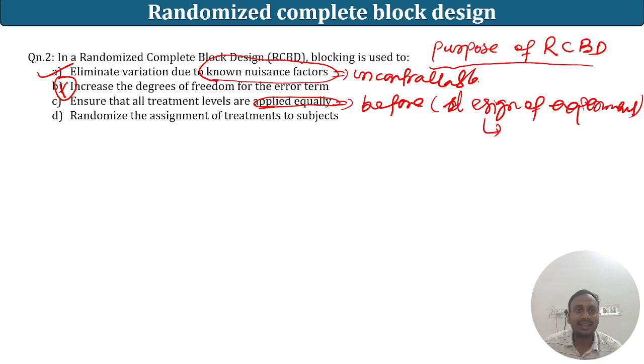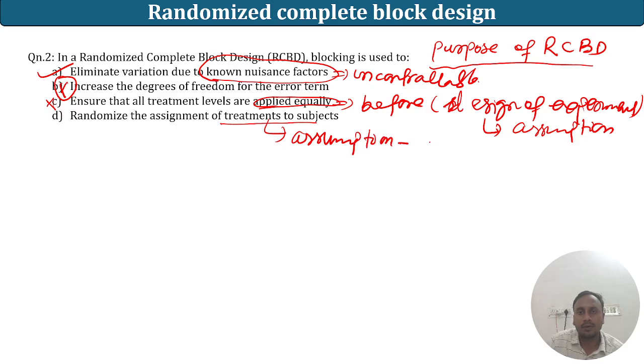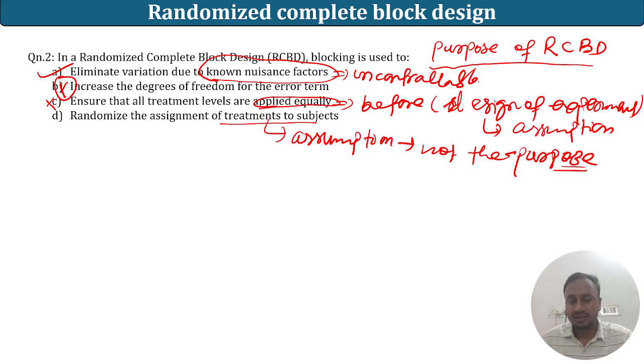Or it's actually an assumption. And D is to randomize the assignment of the treatment to the subject. It's again an assumption, not the purpose. I think it's clear. Is it clear?